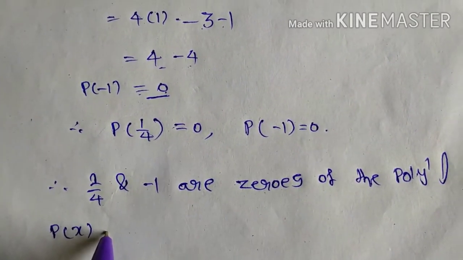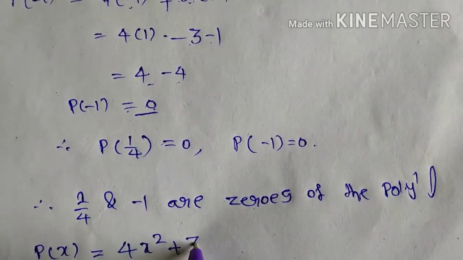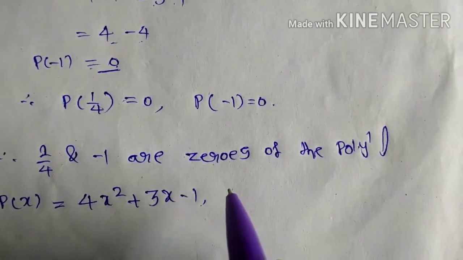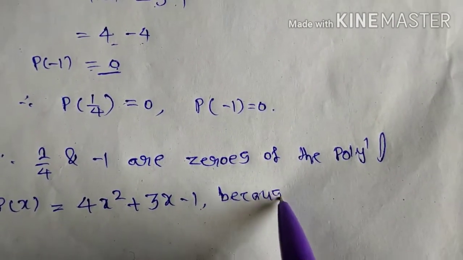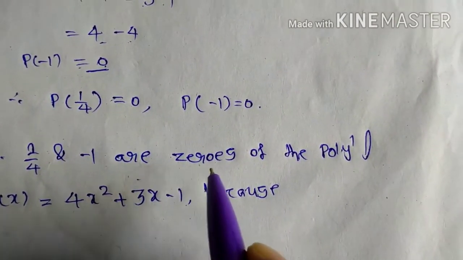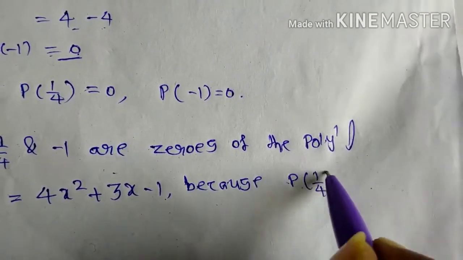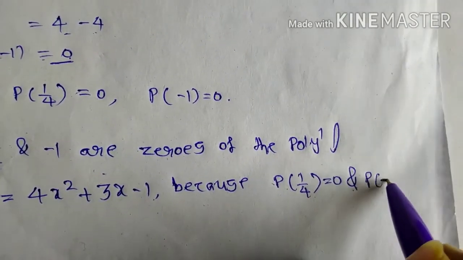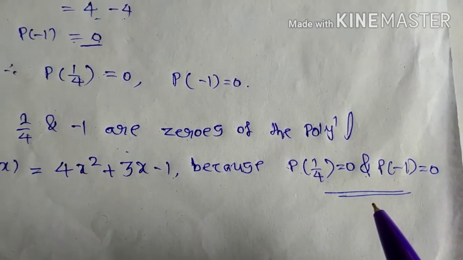P of x is equal to 4x square plus 3x minus 1. If you want you can write here because these are the two zeros of the polynomial, because p of 1 by 4 is equal to 0 and p of minus 1 is equal to 0. This is your solution.